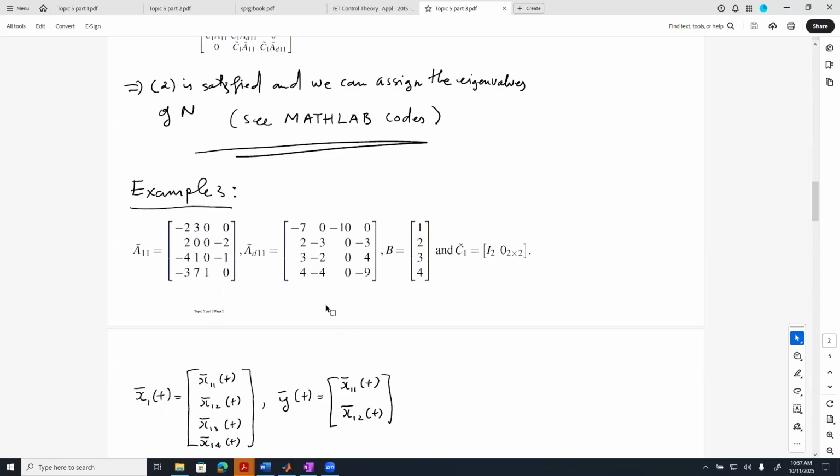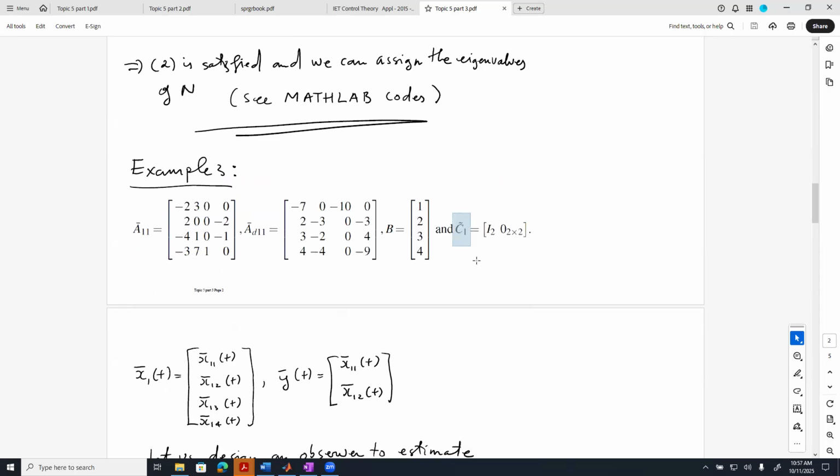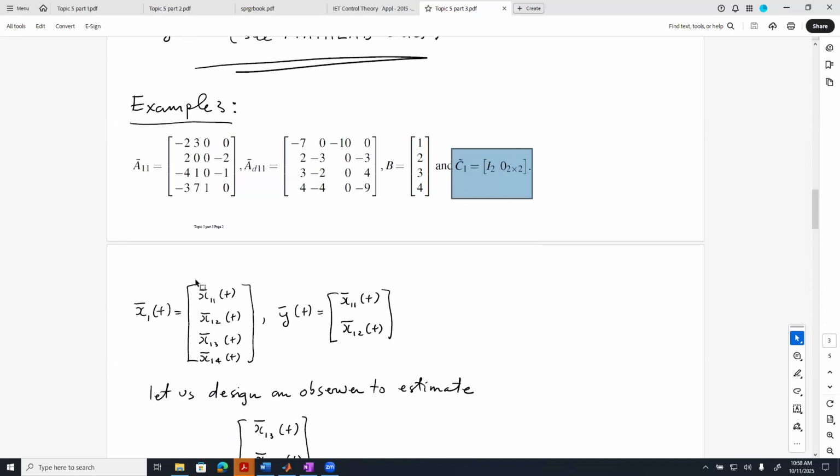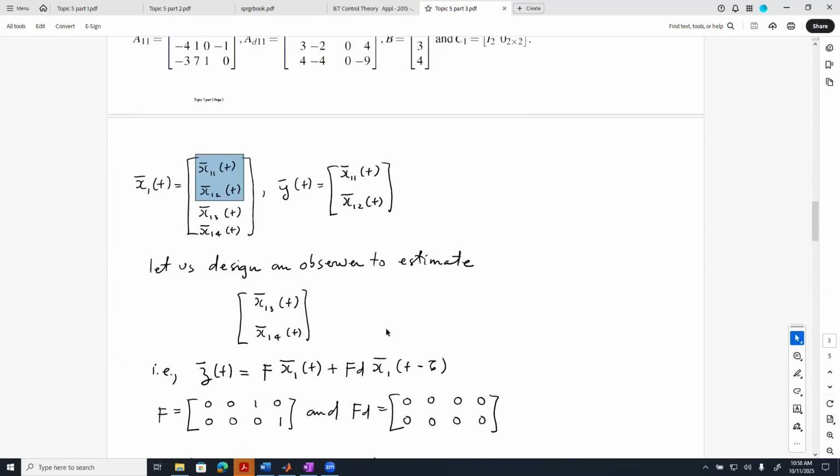Let's consider matrices A bar 1, 1, A bar D 1, 1, B, and C. Here, this matrix C1 tilde is in canonical form, and it has two measurable state variables, which are the first two of them, and then two unmeasurable state variables, number 3 and number 4. Let's say that we want to estimate these unmeasurable state variables.